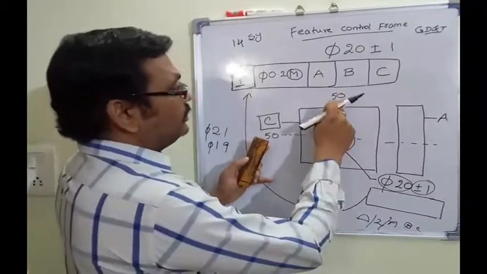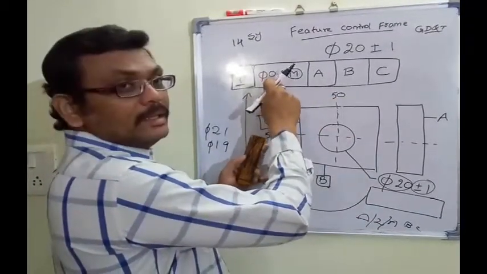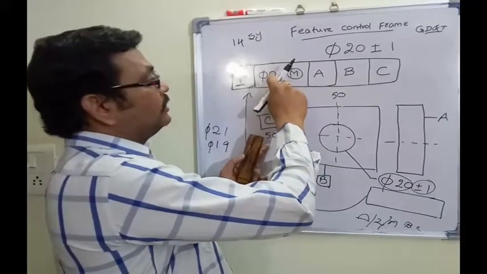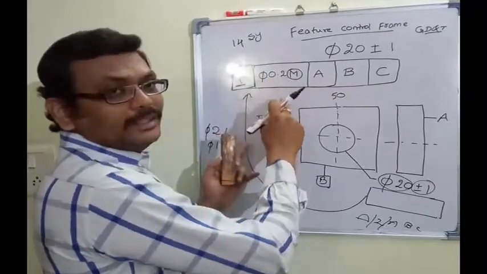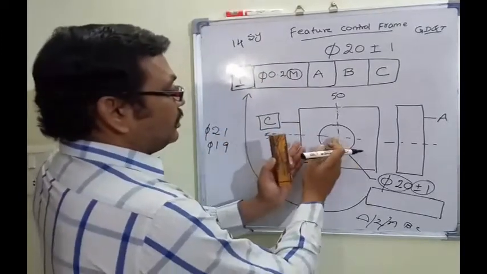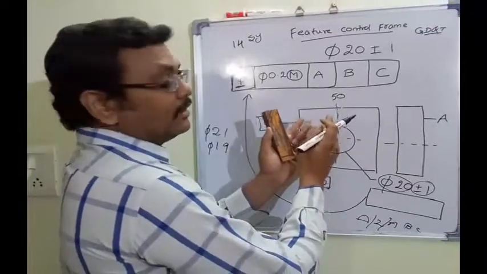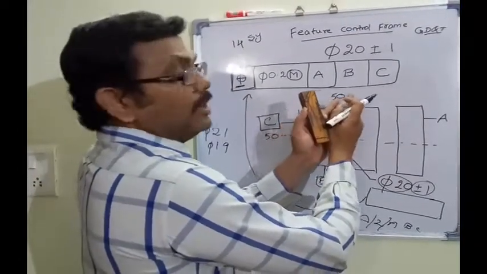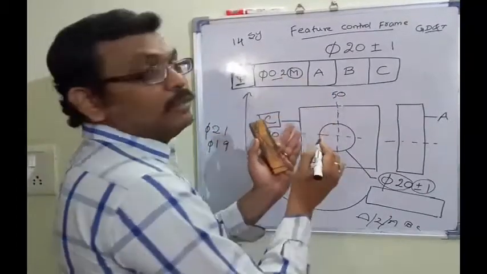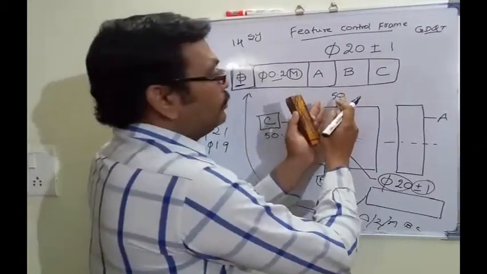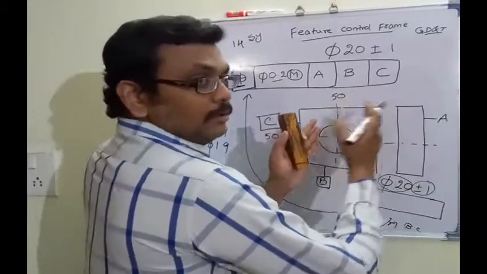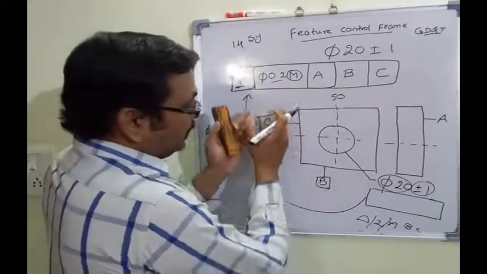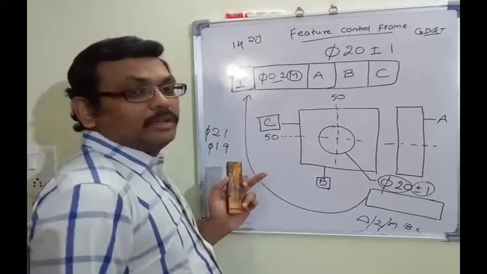and tolerance for this 50 will be taken from this G-tol. This is the position tolerance. That means this axis can be shifted plus or minus this value, plus or minus 0.2, with respect to the right side or with respect to upward and downward.